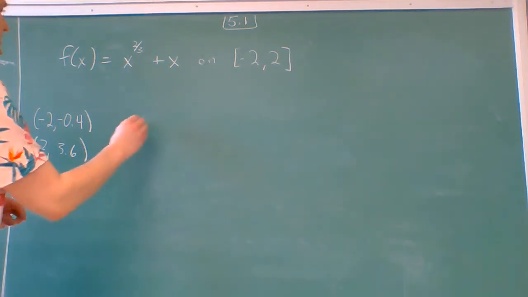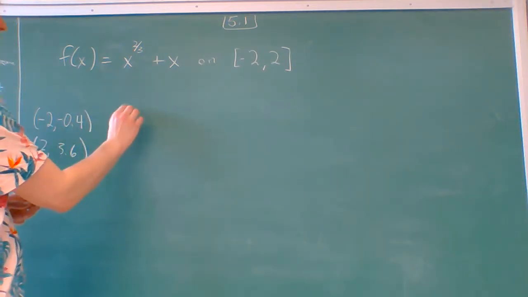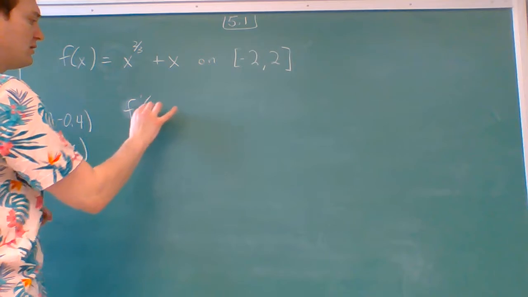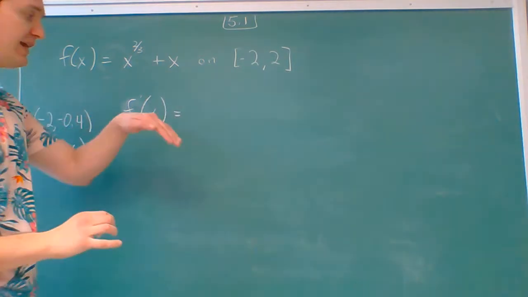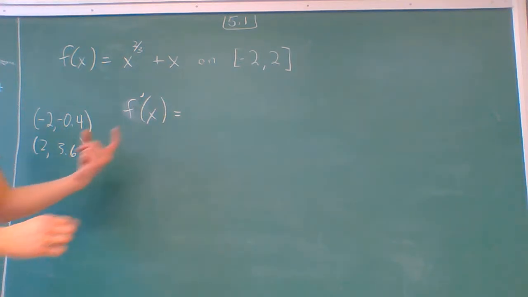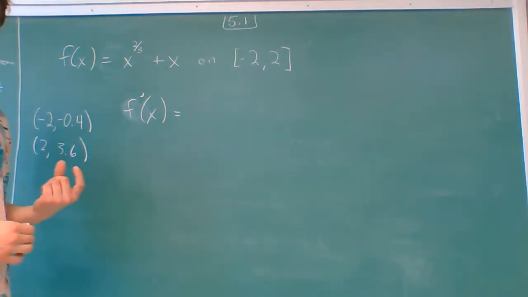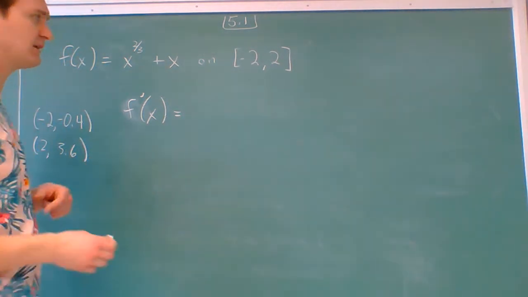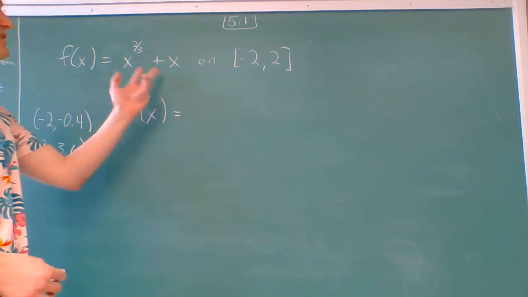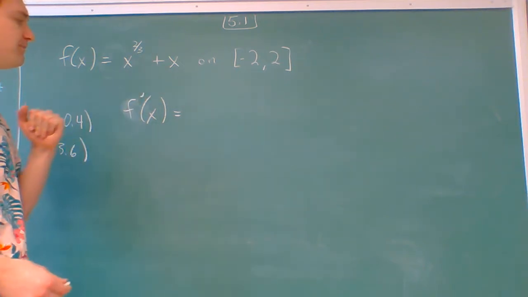Okay, now let's set our derivative equal to 0, so we can find those flat points where the slope of the tangent line is 0. So f prime of x, I'm going to use the power rule here. I encourage you to stop the video and try to take the derivative of this by yourself.